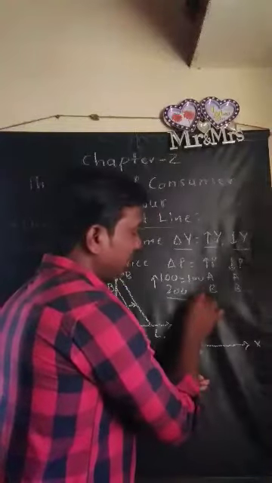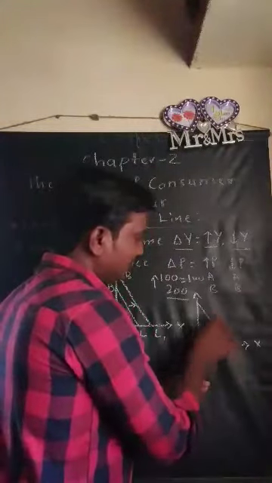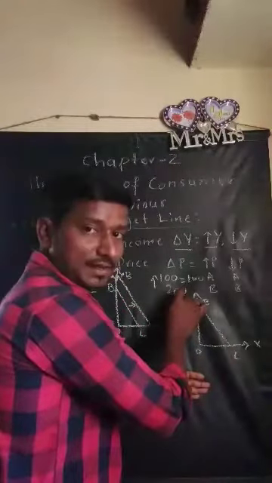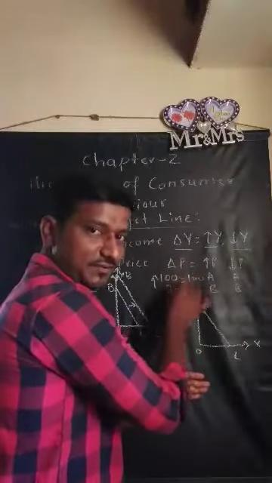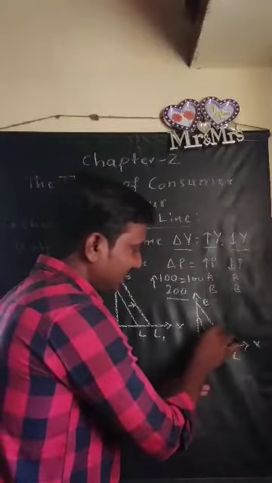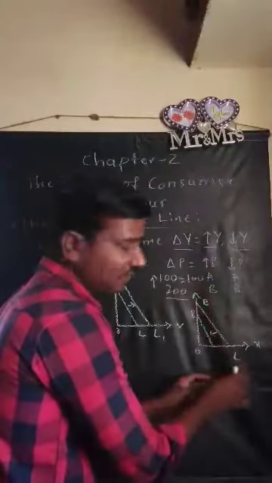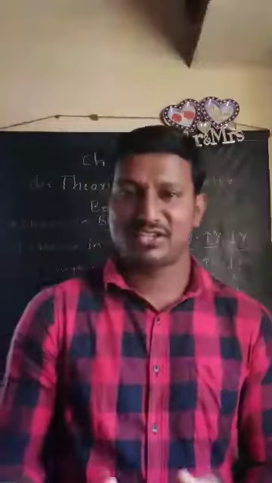See, X and Y. Assume there is a budget line BL where it was when my income was 200 rupees. Now due to decrease in income from 200 to 100, the budget line shifts left side. Look at this, the budget line shifts left side, and the new budget line we are going to get is BL dash.